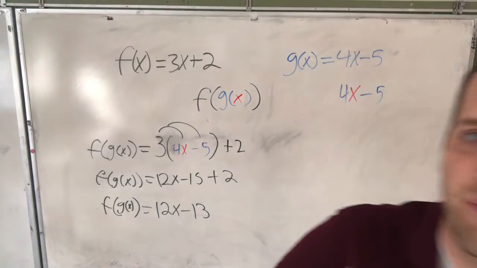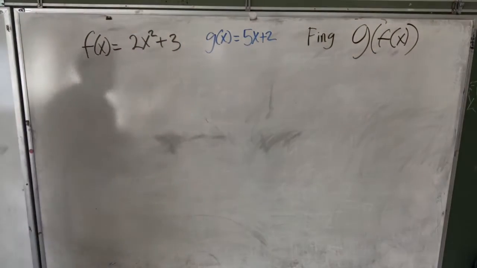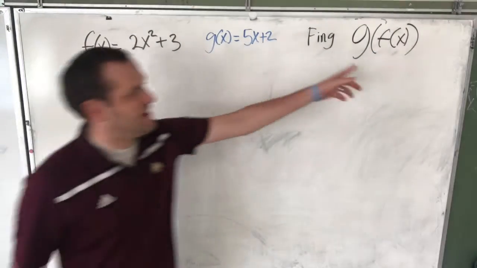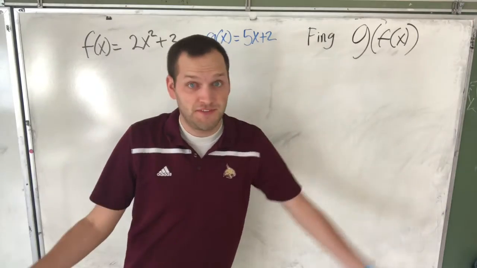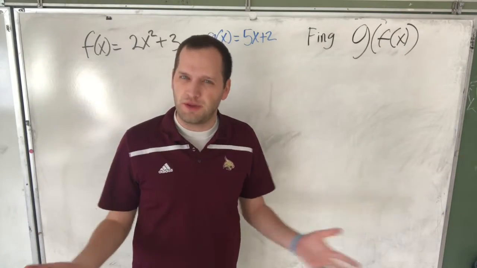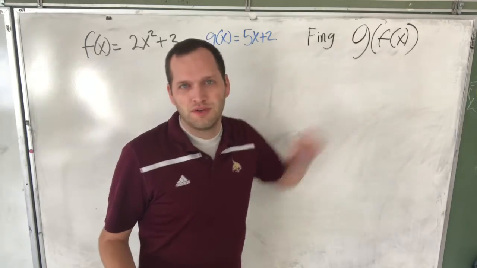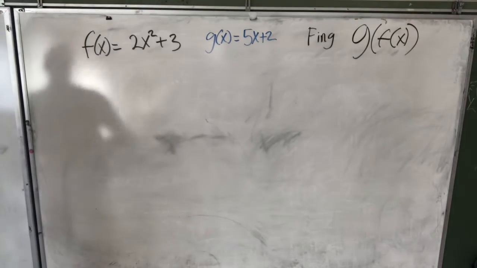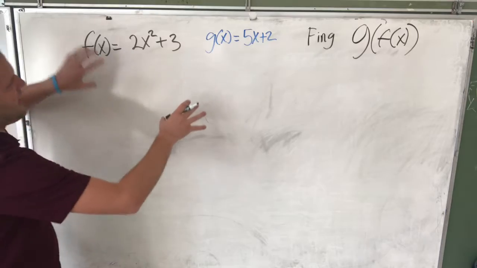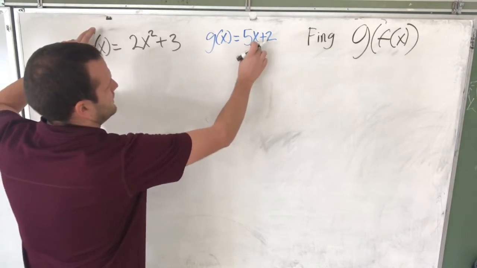There we go. Hey guys, so let's look at this problem now. We want to find g of f of x, not for a specific number, just in general. What is the equation that we could always use to do this? Well, we've got 2 equations here. It looks like the f of x is going to go in place of x.